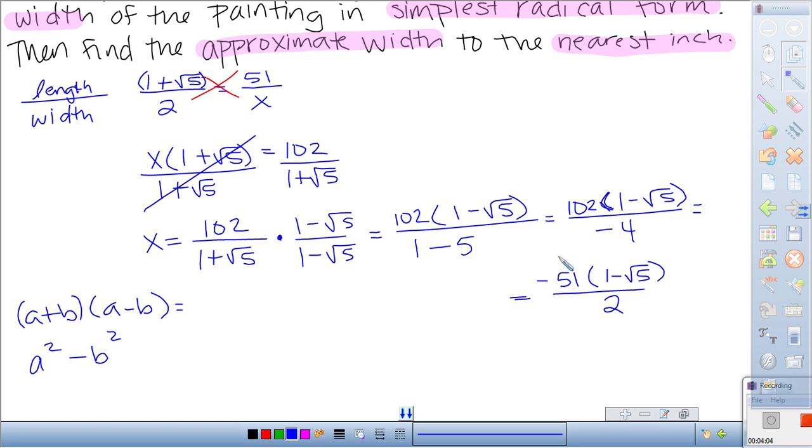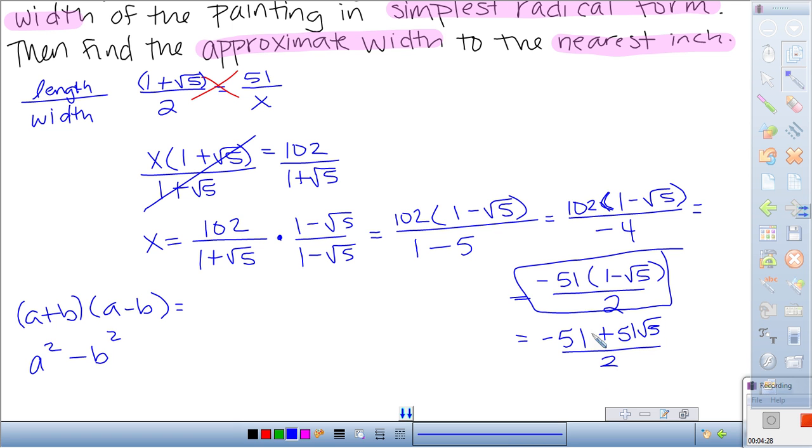Now, you can either leave it like this, or you can distribute negative 51 to both these numbers and end up with negative 51 plus 51 square roots of 5 divided by 2. So either one of these answers is okay. I'm going to go with this one. It looks a little simpler.